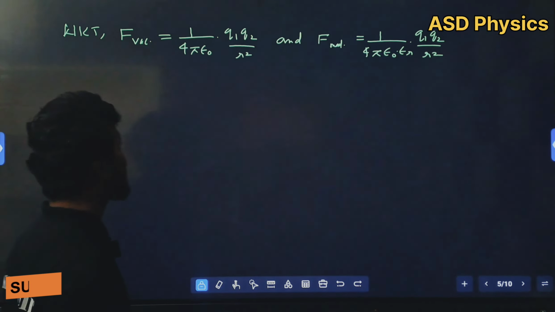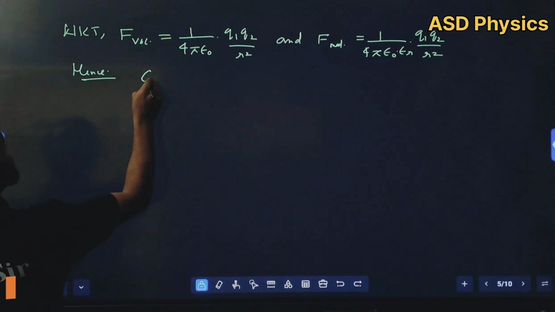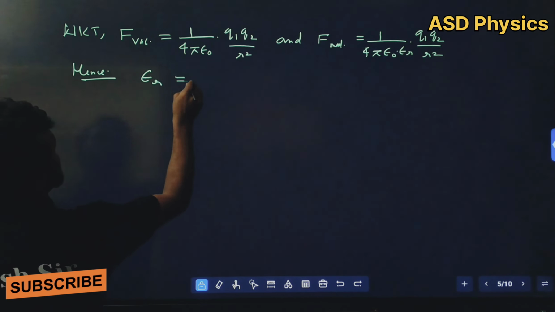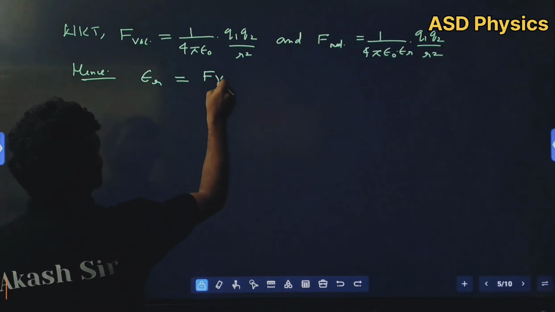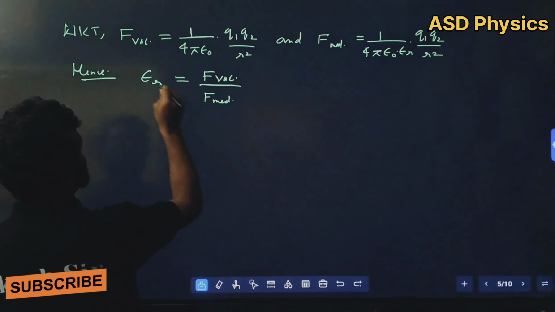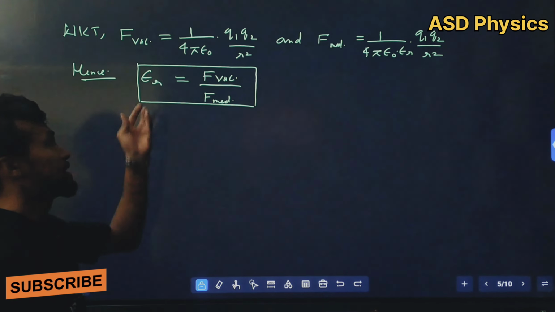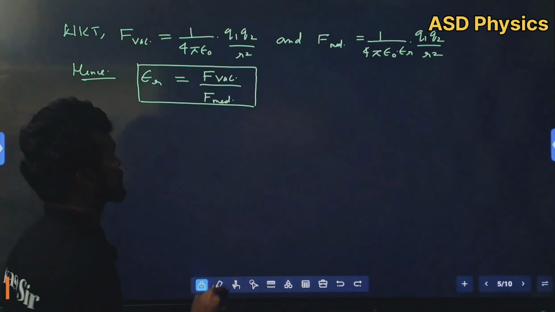So if we divide both of them, we get epsilon r equal to F vacuum by F medium. Please remember that if the force in vacuum and the force in medium are known, then we can get the value of epsilon r also.